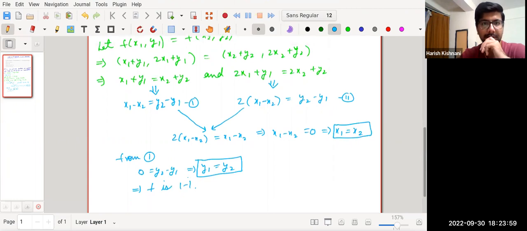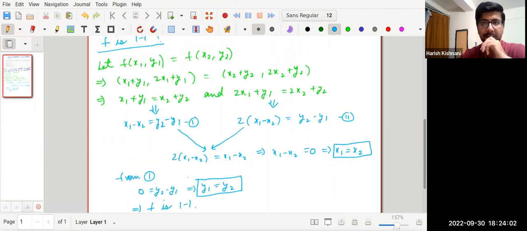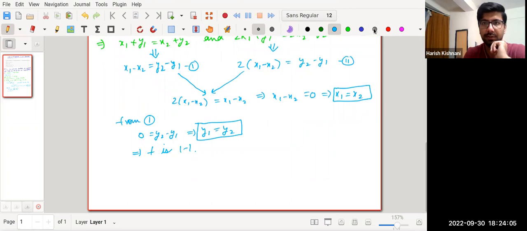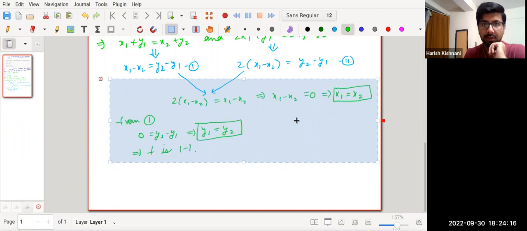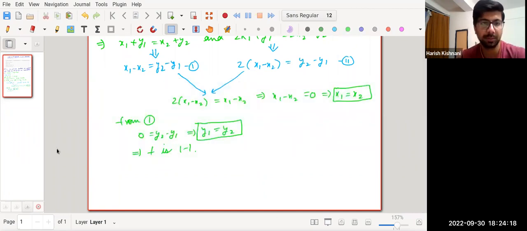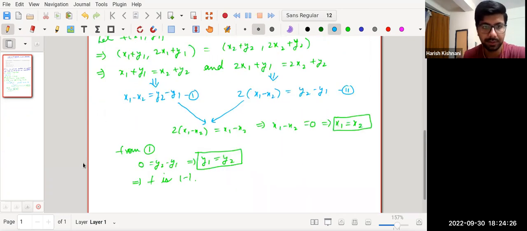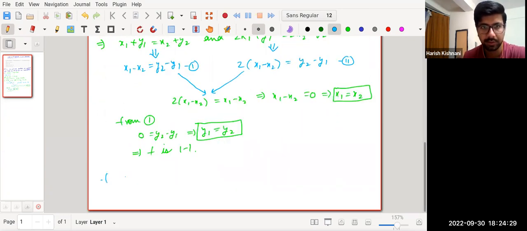Now the second thing is to check whether f is also surjective. If it is surjective, then it will become an automorphism. Otherwise, it will just be an injective homomorphism. The next thing is to check whether f is surjective. And how to do that?